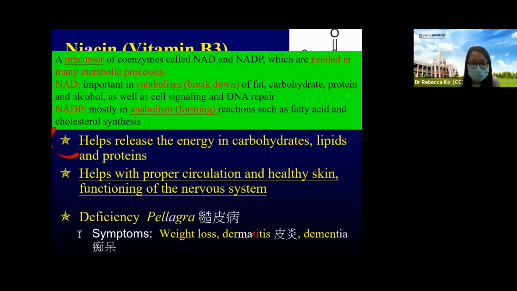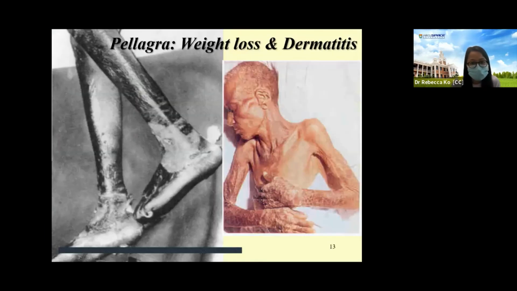The symptoms are weight loss, dermatitis, dementia. These are the symptoms of a B3 deficiency. Here, these two pictures show you weight loss and dermatitis, that is, skin problems, right?